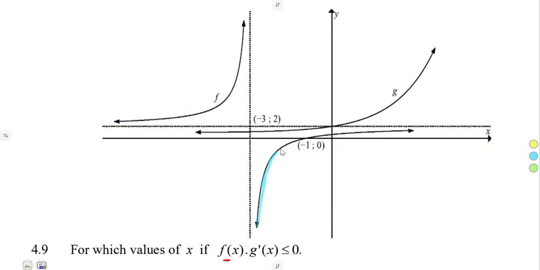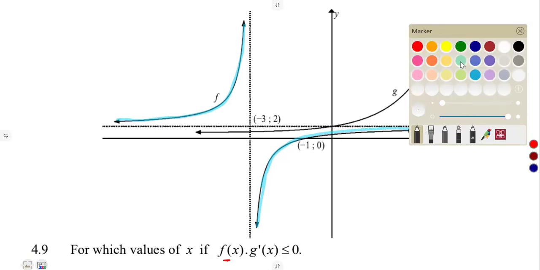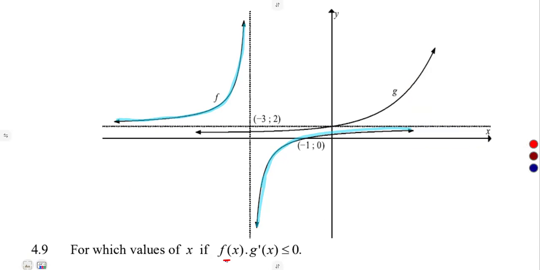So we've got this part here. This is our f. Remember, whenever a hyperbola is included, guys, we refer to the x value of the asymptote, the critical values. f of x is the original function as it is, and that's a hyperbola.